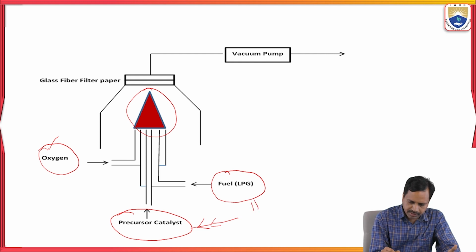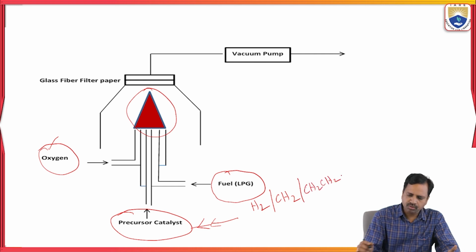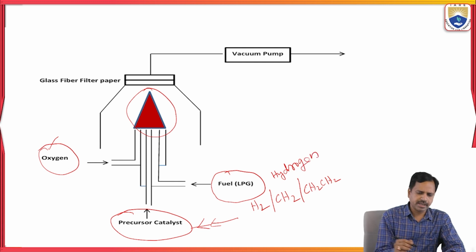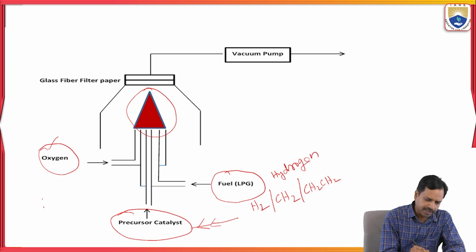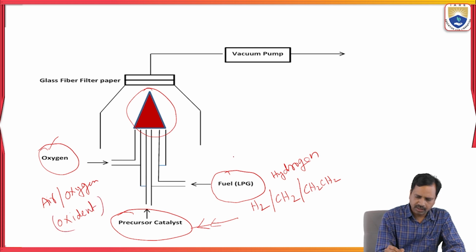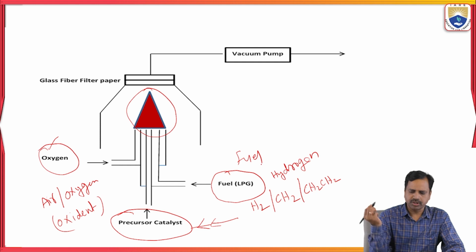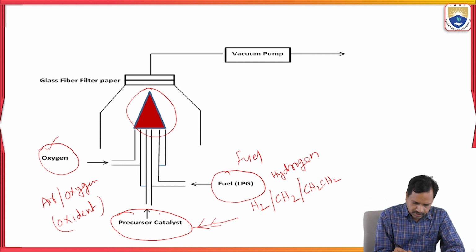The fuel may be hydrogen, methane or acetylene, any hydrocarbon gas, and from the oxygen side it may be air or oxygen. Oxygen will be used as the oxidant, and this will be used as the fuel. And here is the precursor.